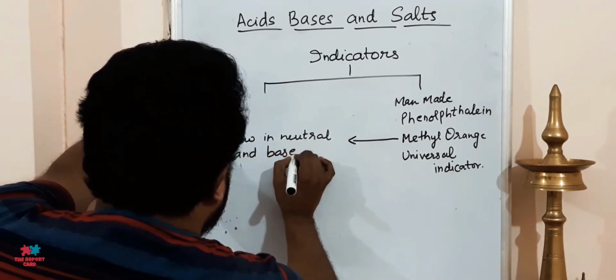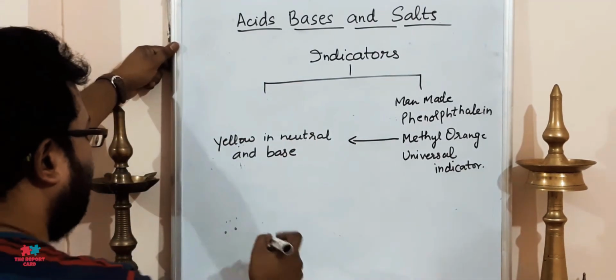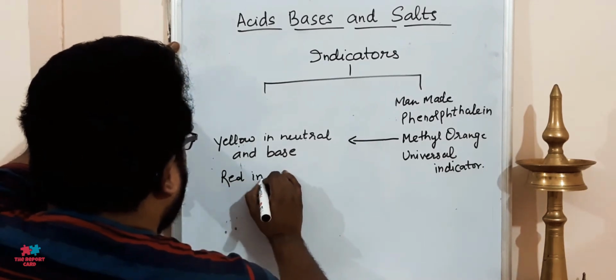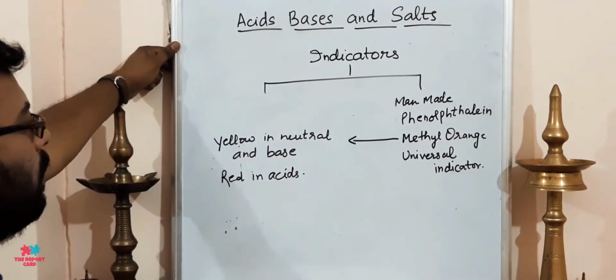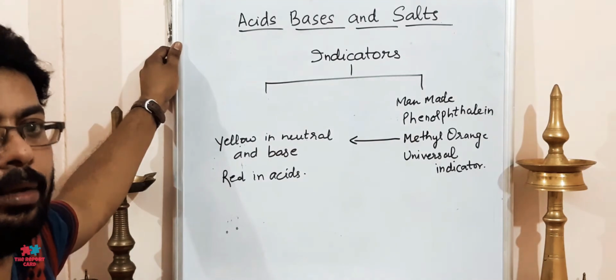So in base and in neutral solutions it is yellow in color, but it will turn deep red in acids. So in acids it will give a deep red color, methyl orange.